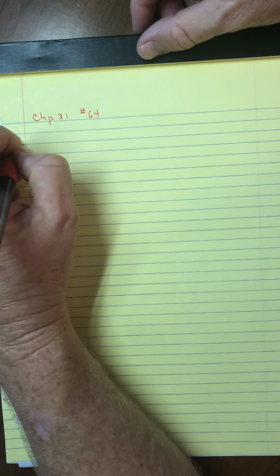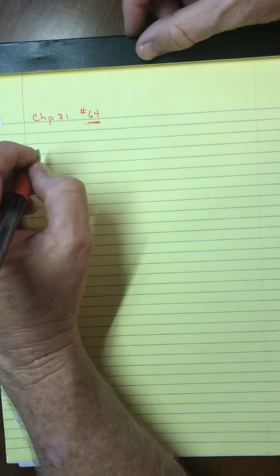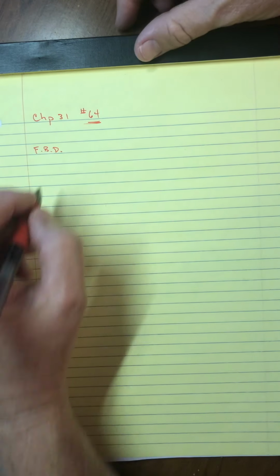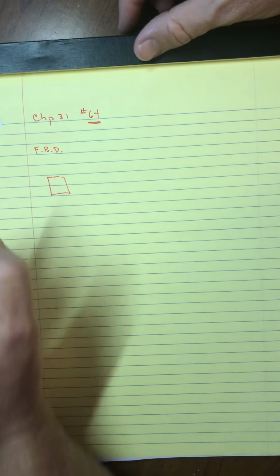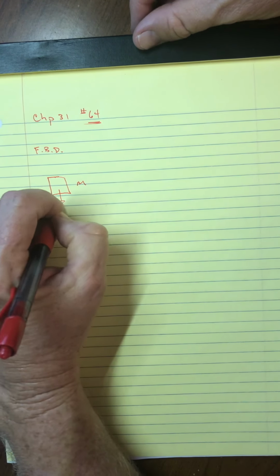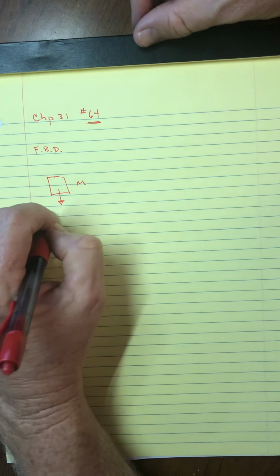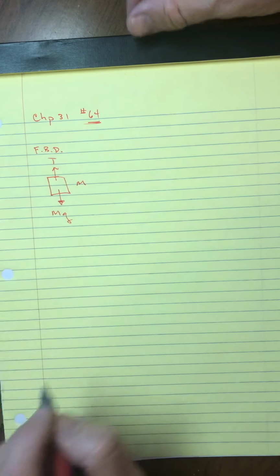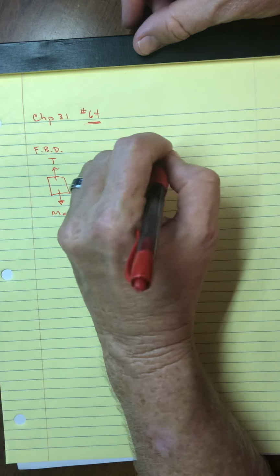And so, as I said here, number 64, the first part of this, and why it's called a review, might be to just do a free body diagram for the hanging mass, the capital M. And so there's a force of Mg pulling it down and a tension T pulling it up.